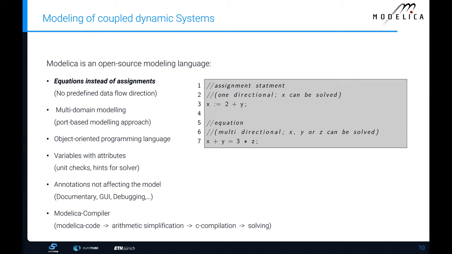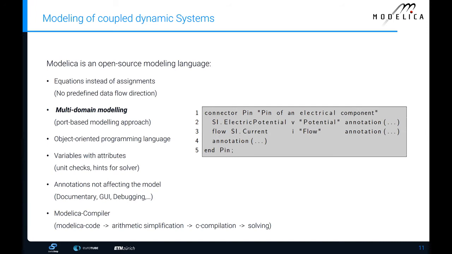In a normal programming language, you will assign to a variable, like x is assigned 2.2 plus y. In an equation, you would say x plus y is 3 times z. There it is multidirectional, so it doesn't matter for which variable you're looking and which one is given.